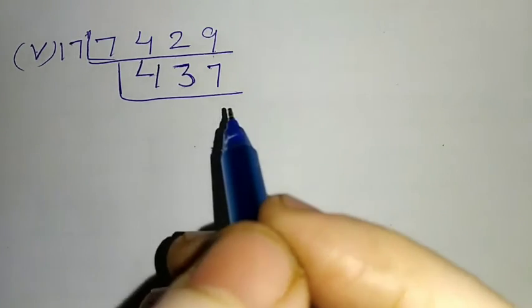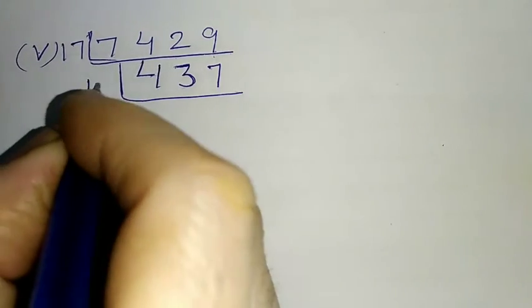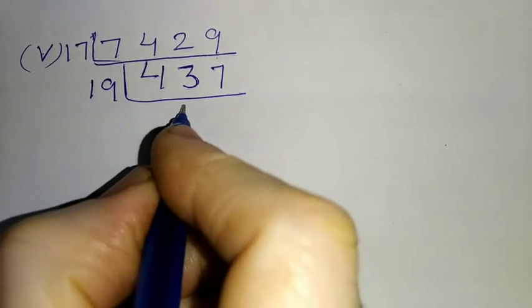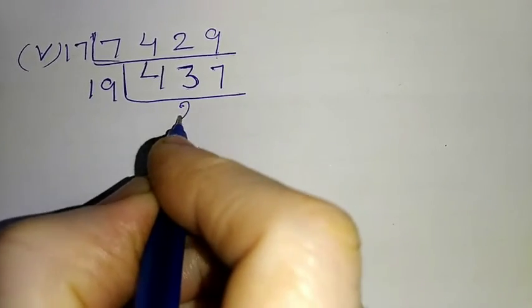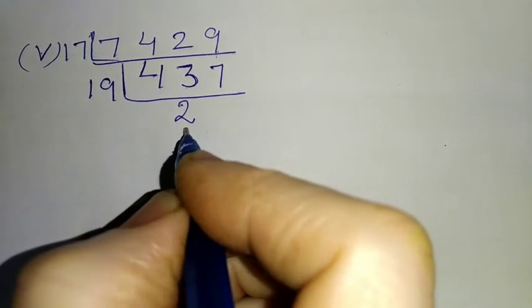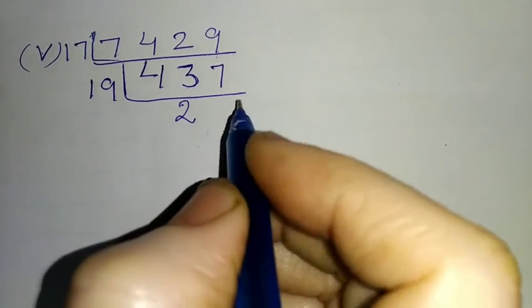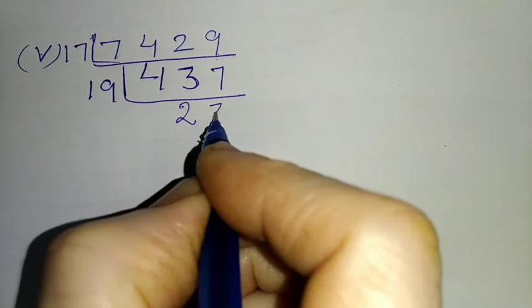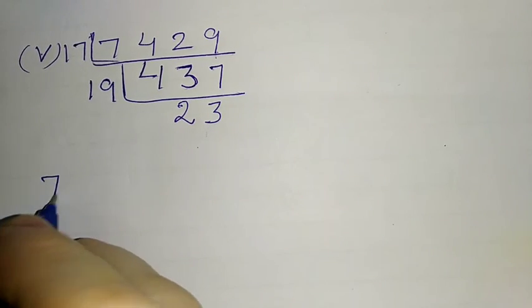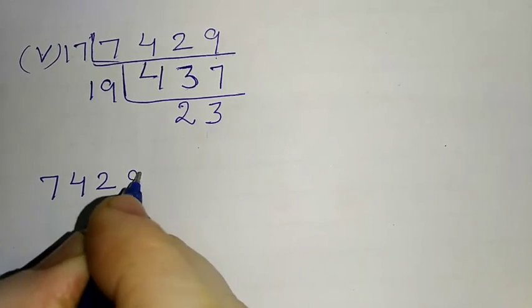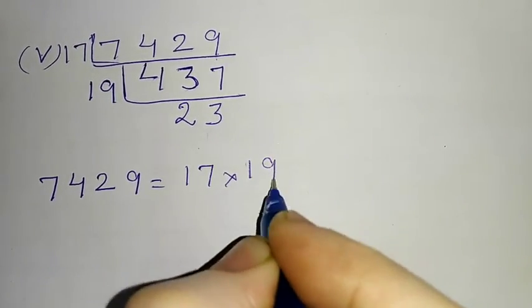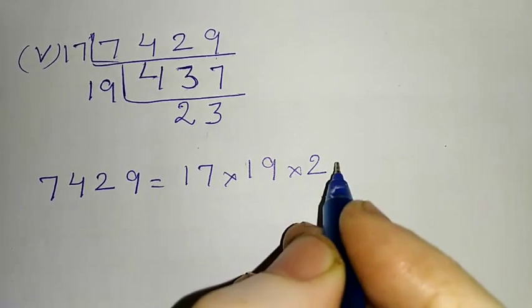This is divisible by 19. 19 2s are 38 and 19 3s are 57. So the prime factors of 7429 are 17 into 19 into 23.